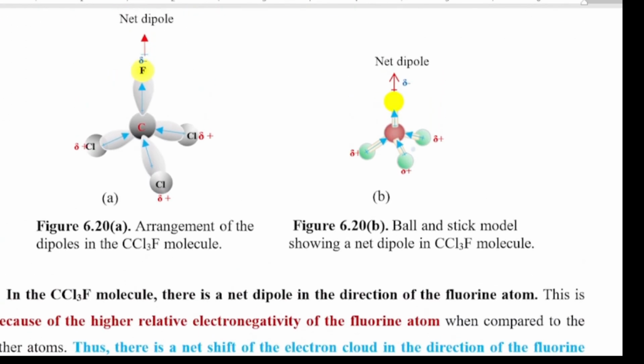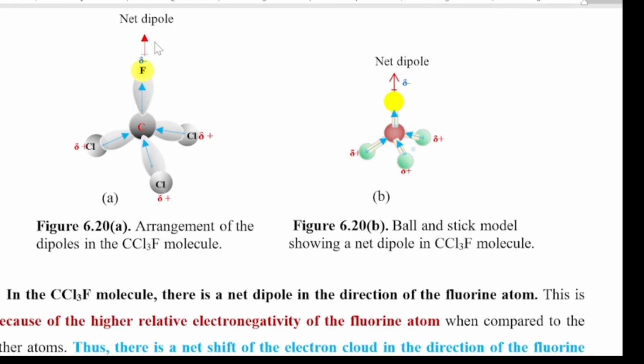Let's look at this molecule now. This will be called an AX3, 1, because you're having 3 of these the same. So this is slightly different from that one, no? Why is it? Because this fluorine here is more electronegative than this chlorine here, right?